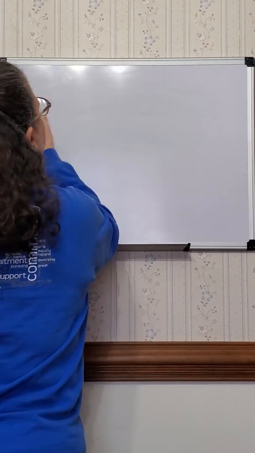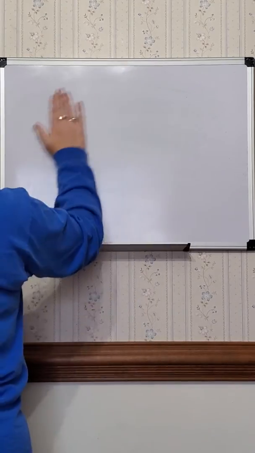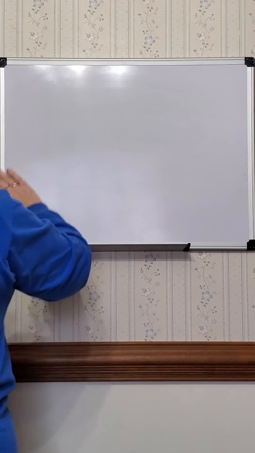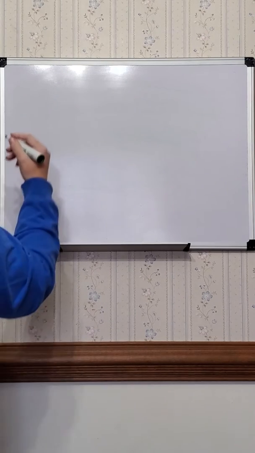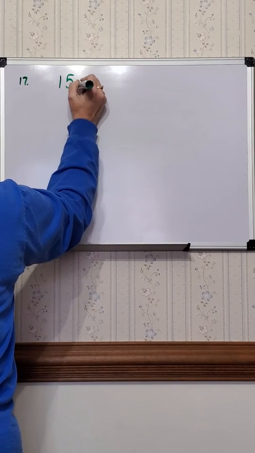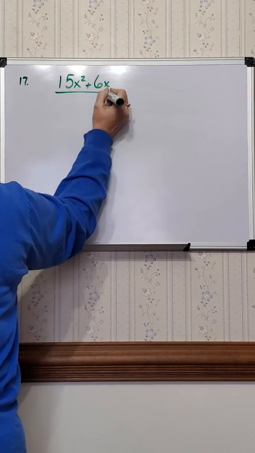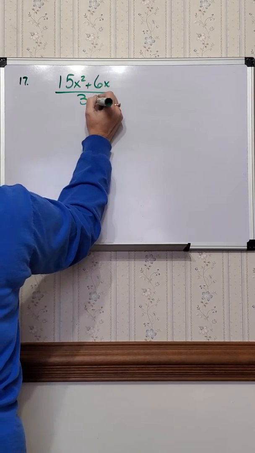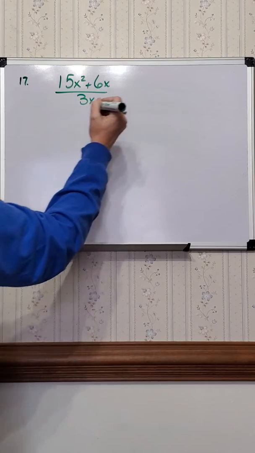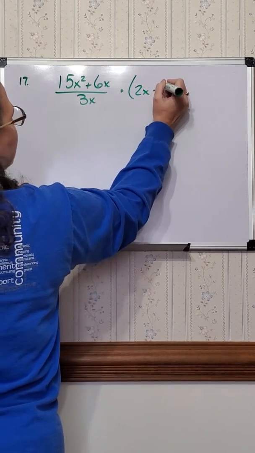So let's go down to the bottom of the page where it says challenge: put it all together. All right, let's start with 17. For 17, we have 15x squared plus 6x over 3x, times 2x minus 1.